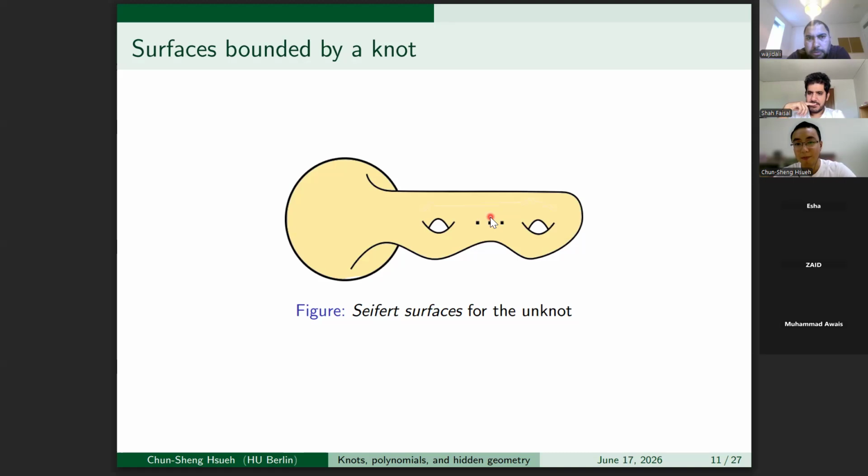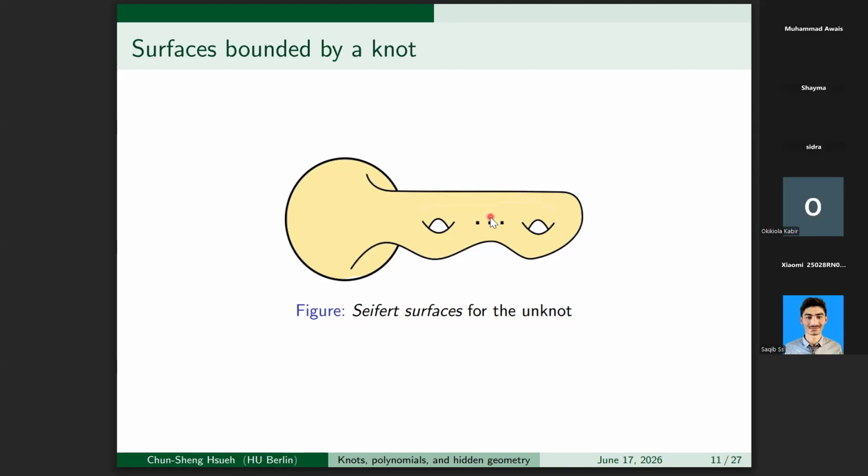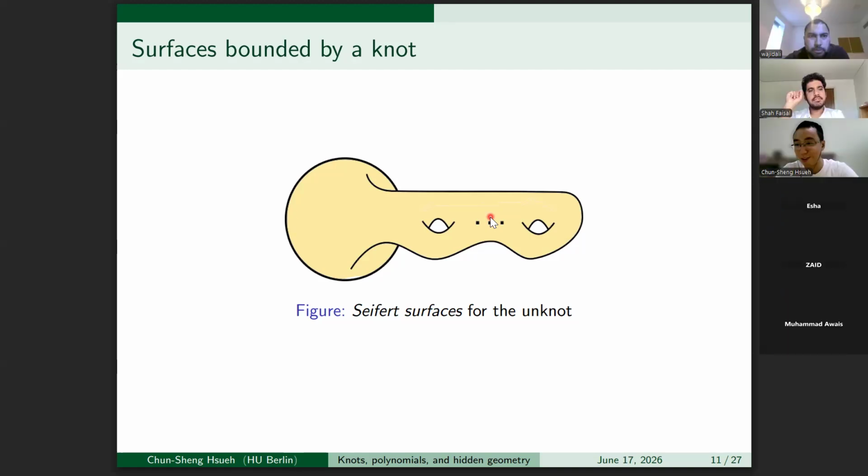The knot itself is lying on the boundary of the surface, so I'm not sure what you mean with self-linking number in this case. I thought this genus is some kind of invariant to the knot. It is. I will define an invariant for knots using Seifert surfaces.